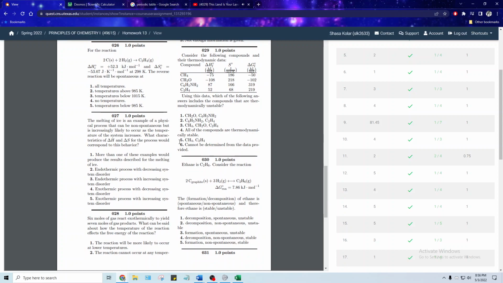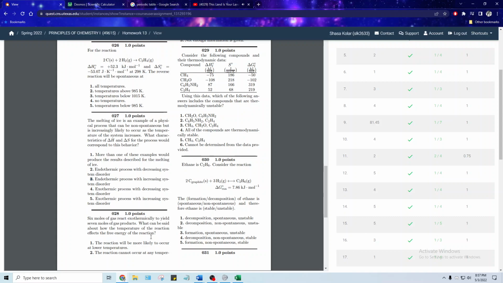Let's use our brains here. Number 27, the melting of ice is an example of a physical process. That can be non-spontaneous, but increasingly likely as temperature increases. So it's just saying high T, and delta H positive is endothermic, and increasing system disorder.